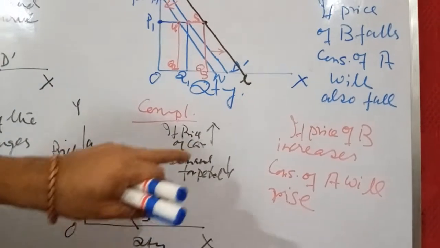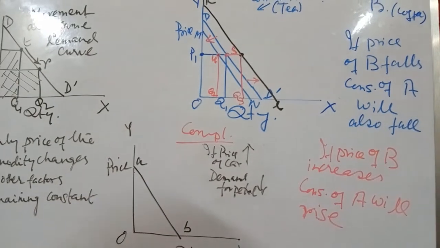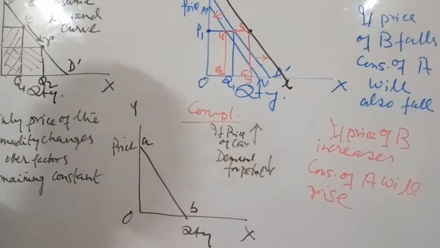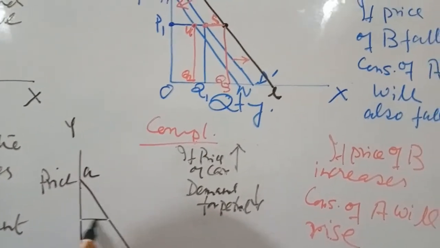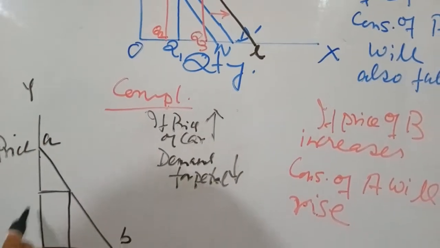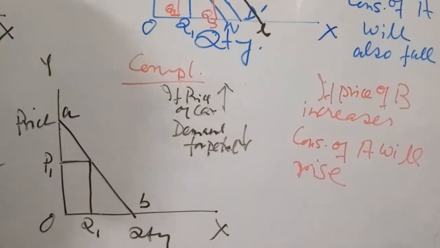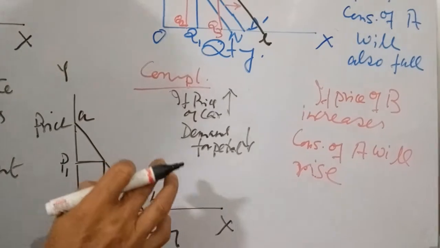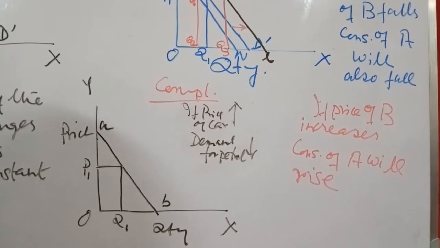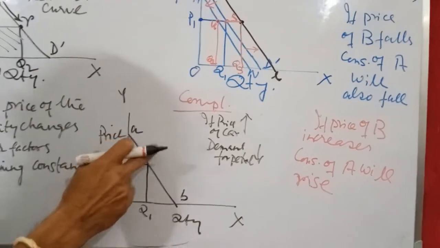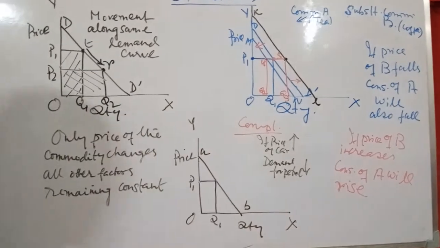As a result, demand for petrol will also fall. Let me write it in short. So suppose this was the price and this was the quantity. Okay, and petrol is the commodity in this diagram.